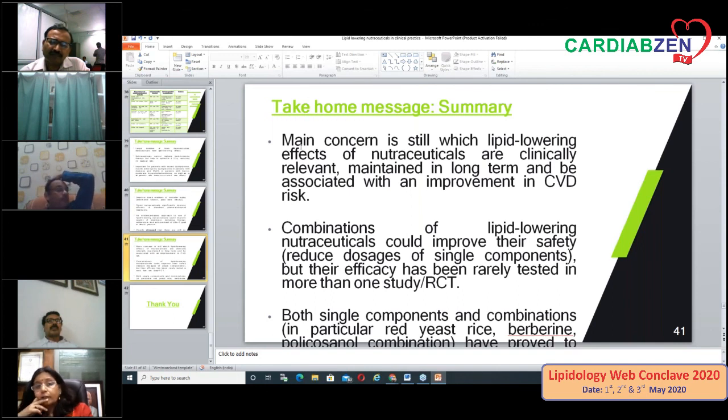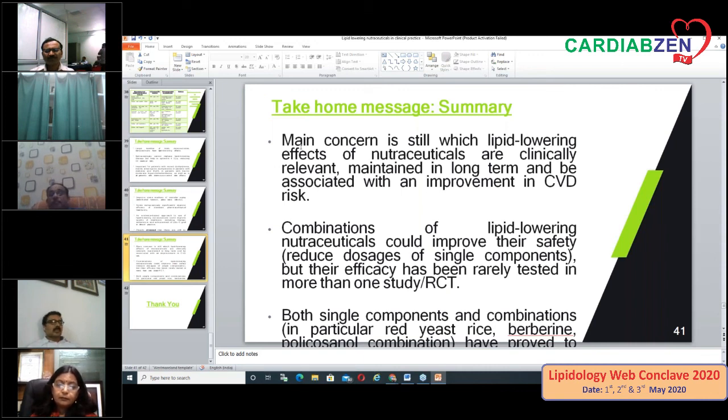Basically you are adding protein to carbohydrate, which will reduce the absorption of carbohydrate and give a constant supply of proteins. That way the appetite will be reduced, absorption of carbohydrate will be reduced, and of course they will also reduce the absorption of lipids.